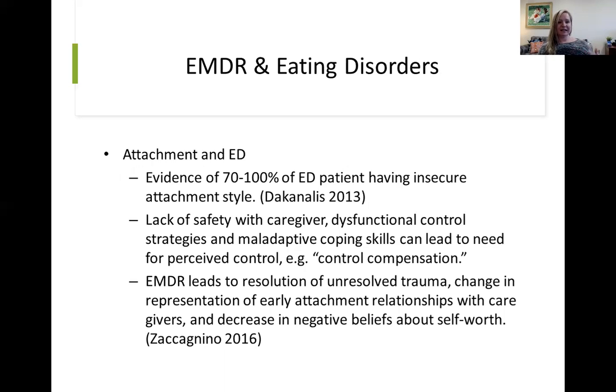And so EMDR leads to this resolution of the unresolved trauma. And this trauma is more attachment-based, which I consider attachment-based trauma to be little t trauma, which is more a series of wounds. It can be neglect.